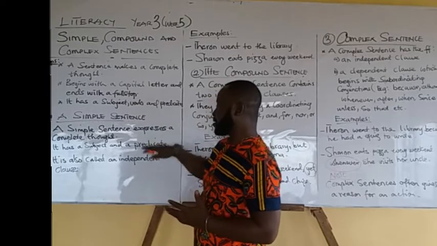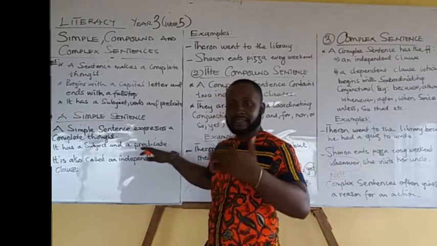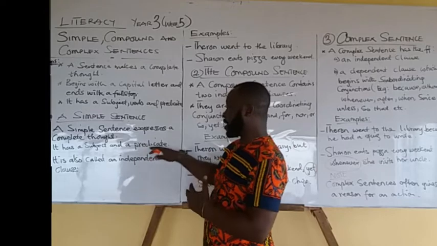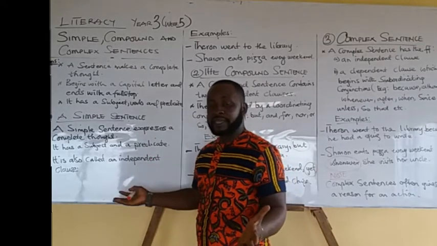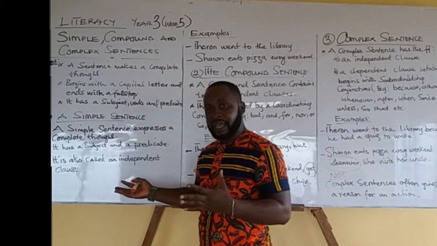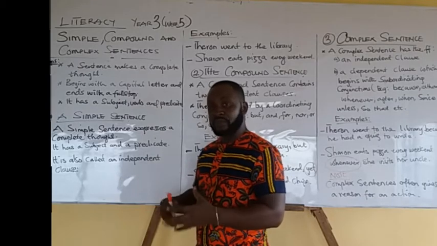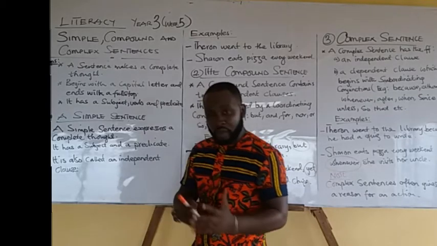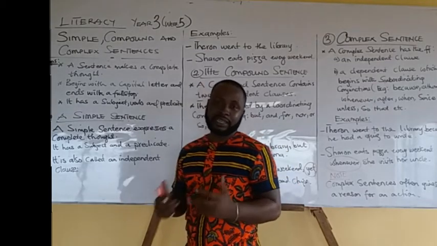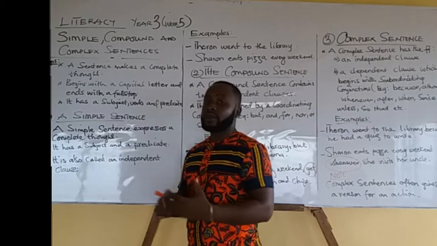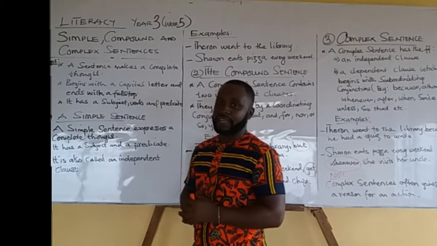Now, the predicate defines the subject. So the predicate tells us about the subject. What is the predicate in my sentence that I stated? I said Kuku was asked to fetch water. Kuku is the subject. The rest of the sentence now becomes the predicate. That is, was asked to fetch water. I hope you got that.